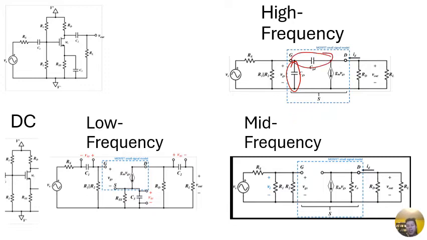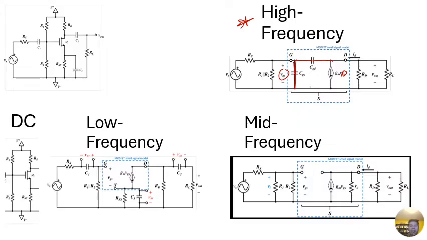Now, notice something interesting. If this capacitor starts behaving as a short, we have a problem because now VGS becomes 0, and then there is basically no amplification. So at high frequencies, this doesn't work very well.